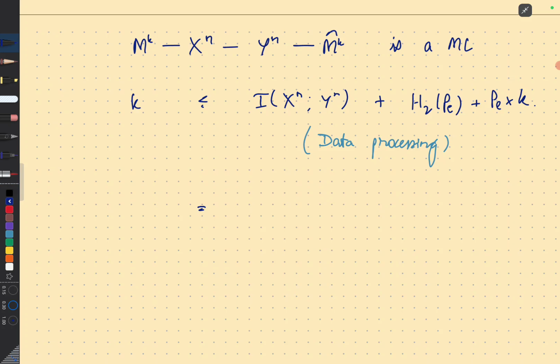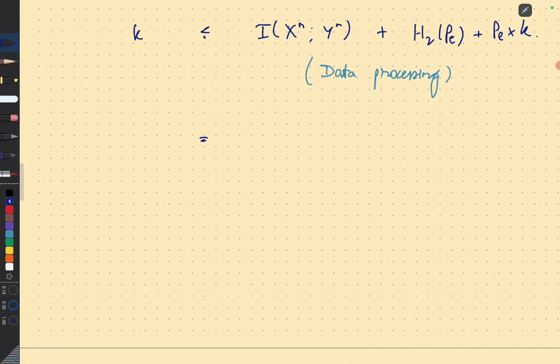The next step is to break up I, xn, yn somehow in terms of the individual components, I, xi, yi. That's what I want to show. I want to show basically next show that I, xn, yn is always less than or equal to summation of I, xi, yi for a discrete memoryless channel. So this is equal to, okay, let's do it step by step.